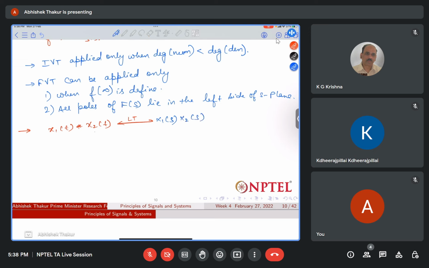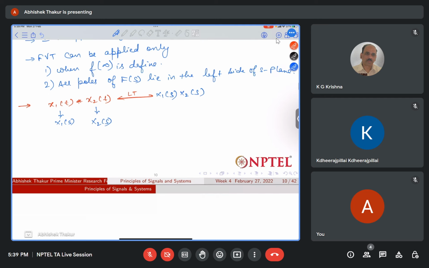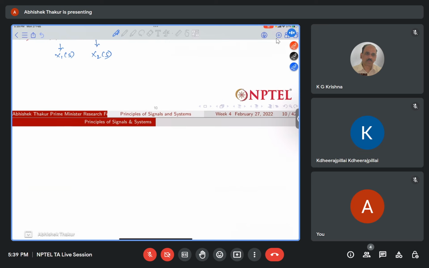The Laplace transform of this signal will be simply X1(s) times X2(s). Now we'll take one question based on this.